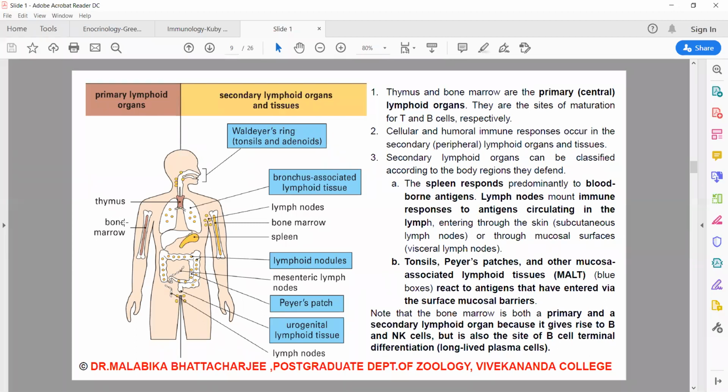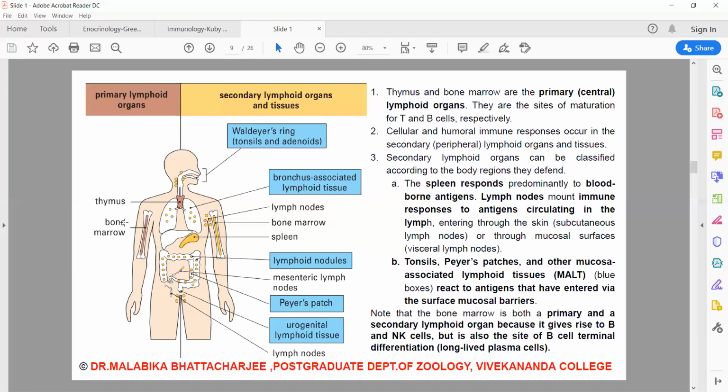But bone marrow is also considered a secondary lymphoid organ because it not only helps in maturation of B lymphocytes, it also helps in proliferation and terminal differentiation of certain B lymphocytes. The thymus is a perfectly primary lymphoid organ where the maturation of T lymphocytes occurs. Once the T lymphocytes have matured and been schooled via positive and negative selection, as I briefed in my earlier slide, they then move forward to the lymphatics or the secondary lymphoid organs.